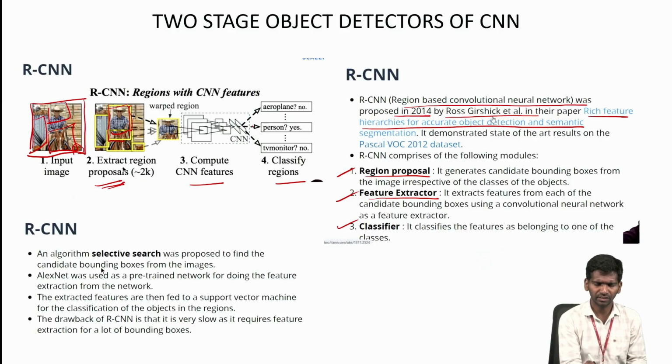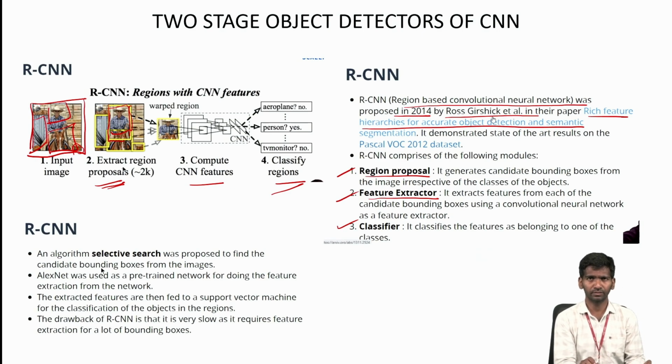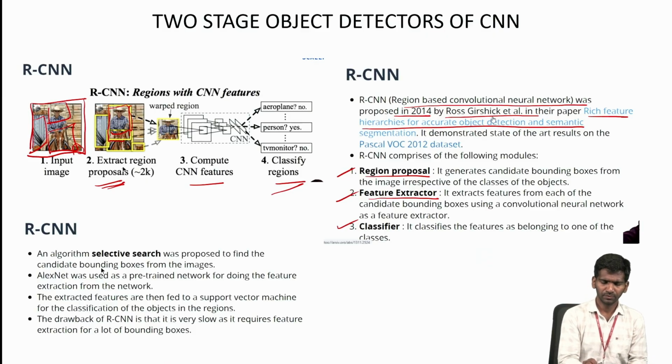What kind of object it is, we will classify in the next stage. If an object has eyes, nose, ears, hair, similar to a human, then we can classify it as a human, a person. Otherwise, if it looks like an aeroplane, it will predict that.